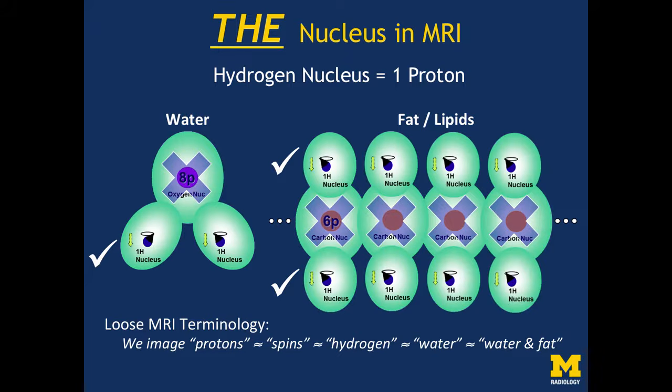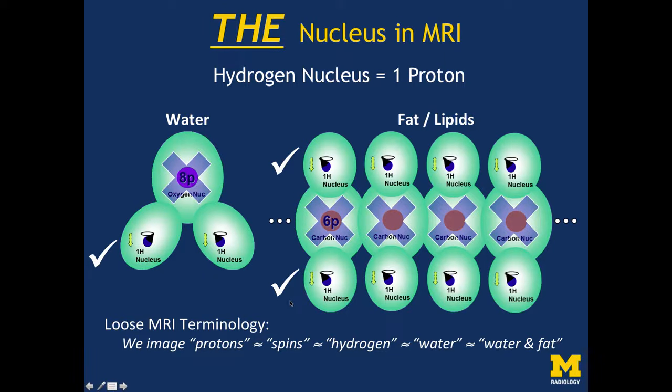We use loose terminology. When I say we're making an image, I may say we're making an image of the protons. I may say spins, hydrogen, water and fat. That's basically the source of all of our signal. There's one other, and it's silicone. Sometimes we'll do breast imaging looking for silicone.